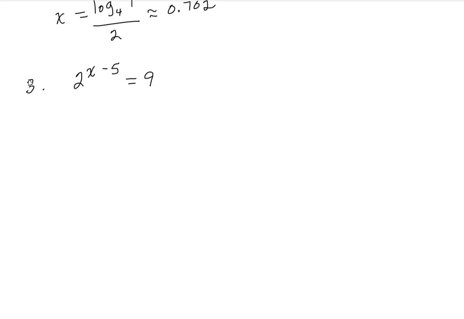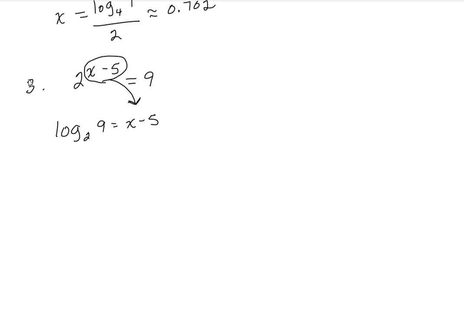So I'm going to write this as a logarithm. So the log base 2 of 9 equals x minus 5. Remember that this exponent up here is always going to be the answer to the logarithm. So it's what goes on the right-hand side of my equation there.